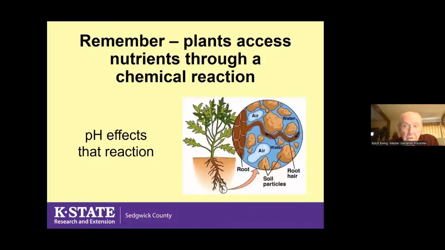Now, if you remember, we talked about our plant roots pick up the nutrients off of the surfaces of our soil particles through a chemical reaction. The reason that's important to know is in chemistry, anything that occurs in an acidic environment, the acidity or the pH of that acidic environment affects that reaction.